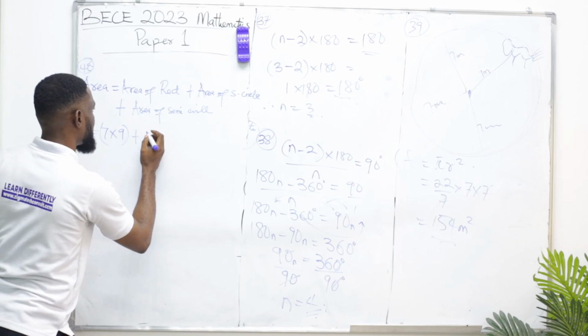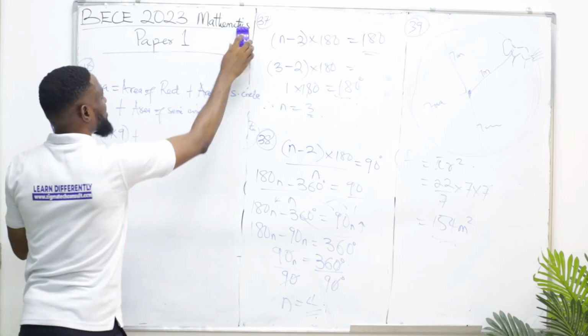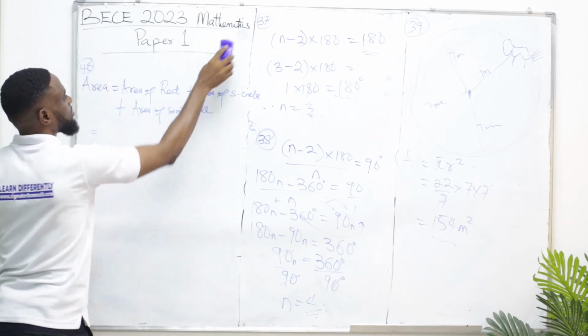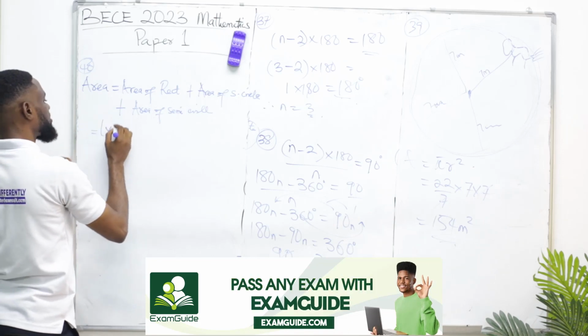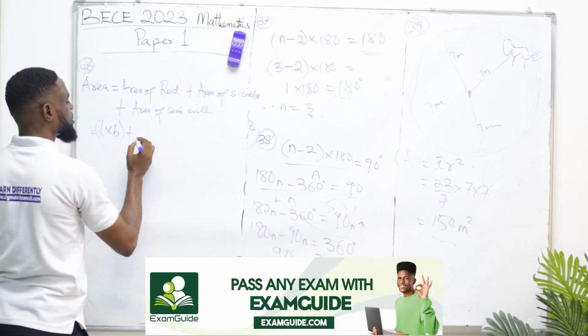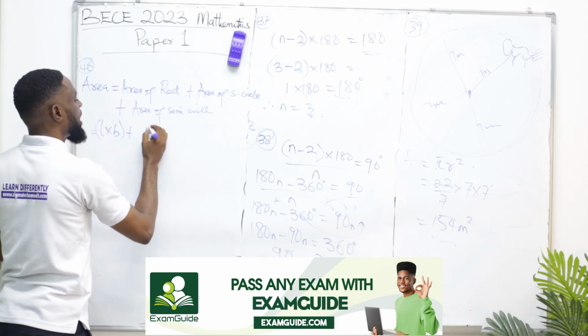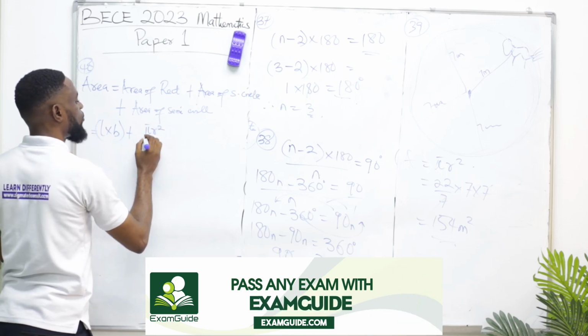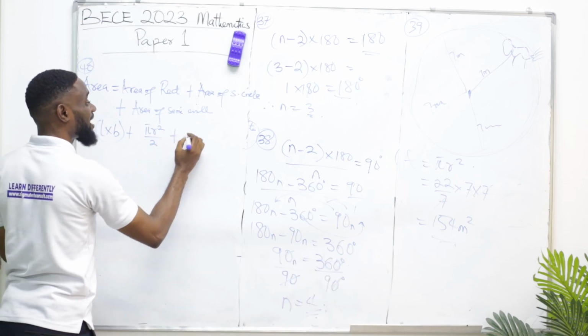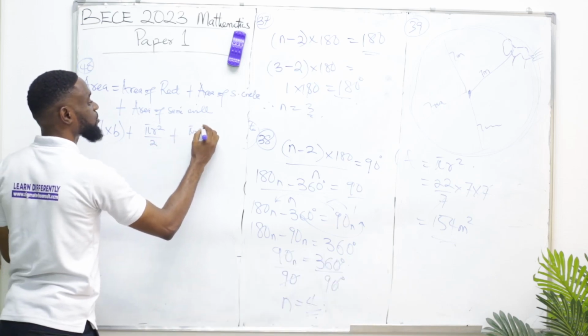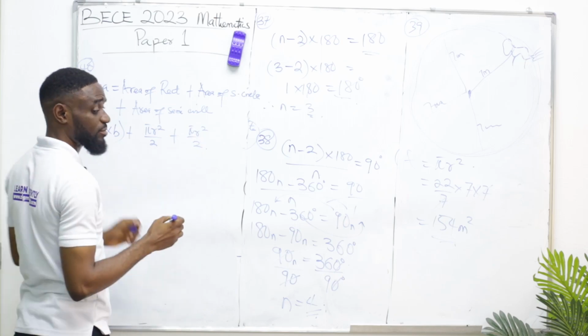The area first of all here is, or let's even start by putting all the formulas. All right. So this is length times breadth, then plus pi r square all over 2 plus another pi r square all over 2. Do you understand the point now?